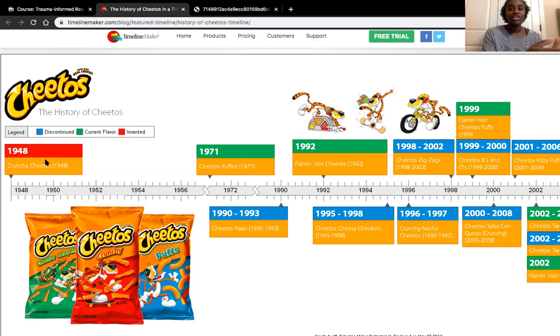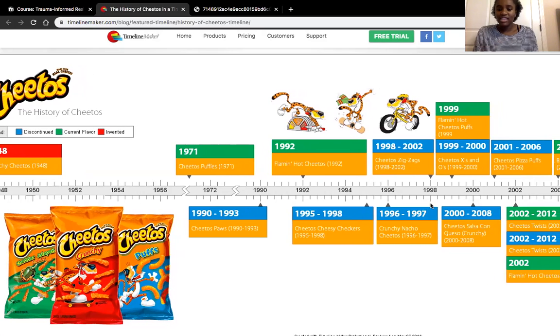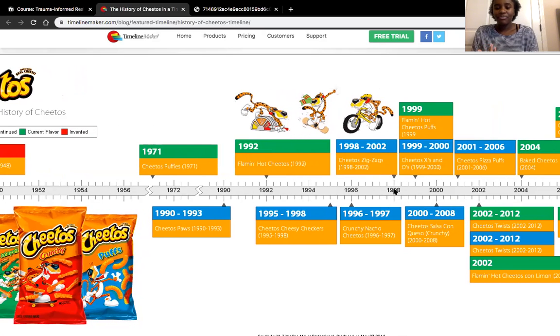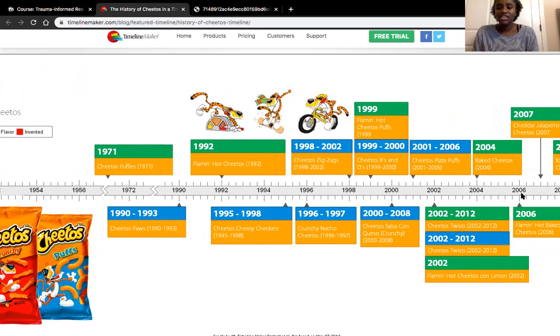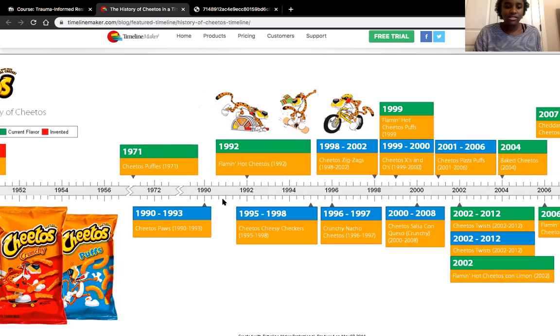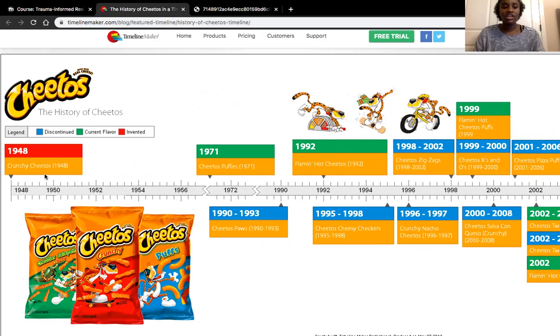All right, so when you go left to right on a timeline, you're getting younger and younger. If I was born in, let's say, 1998, because I was, and you were born sometime in the 2000s, you would be younger than me, so you're going to be closer to the right. We have the Crunchy Cheeto invented in 1948.